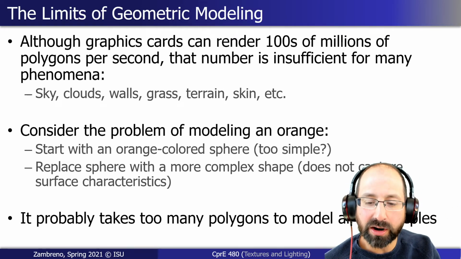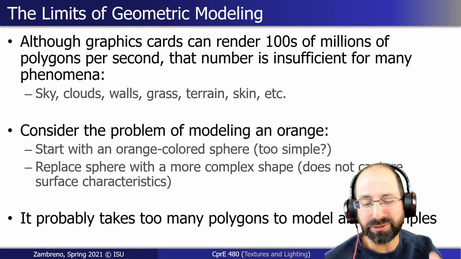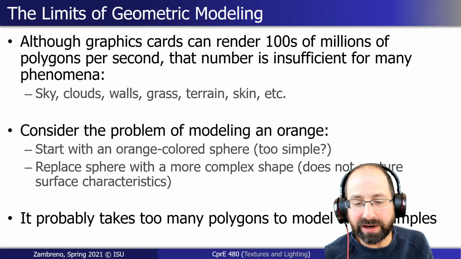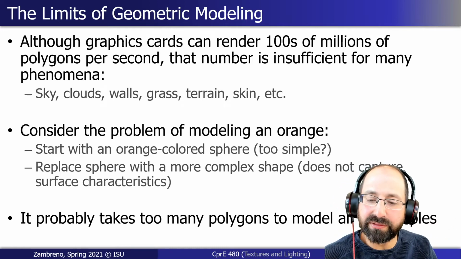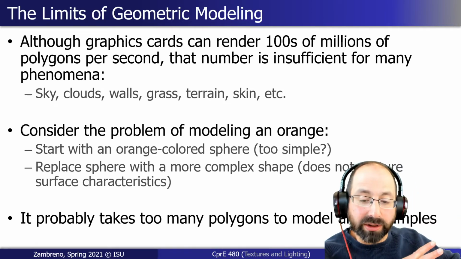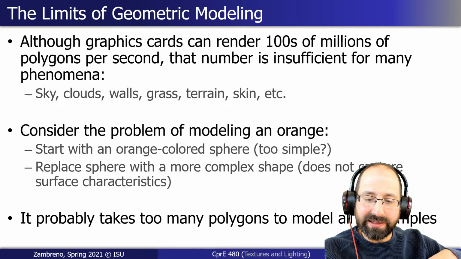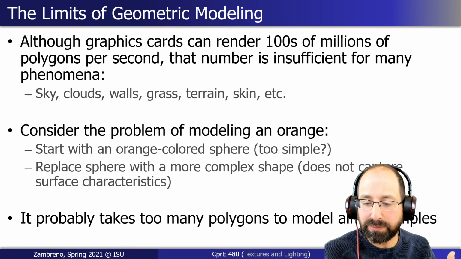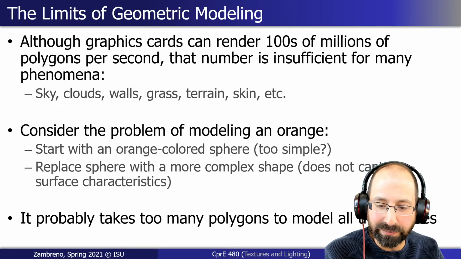There are approaches that allow you to 3D scan anything to do that level of modeling, but there's a limit to it, right? In terms of the complexity of the model versus the fidelity of the resolution of the object that we would want to render. So it's not impossible, but there's limiting utility in just increasing the geometric complexity if we wanted to render something like an orange.